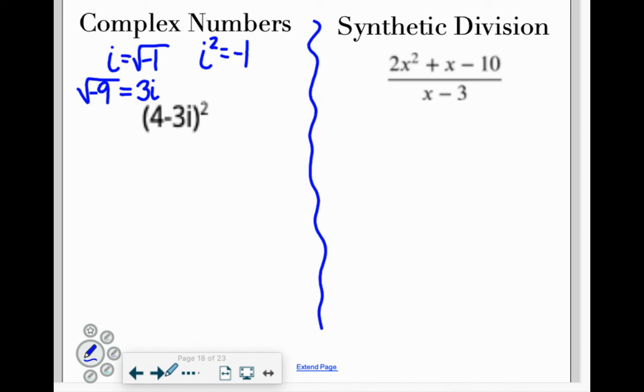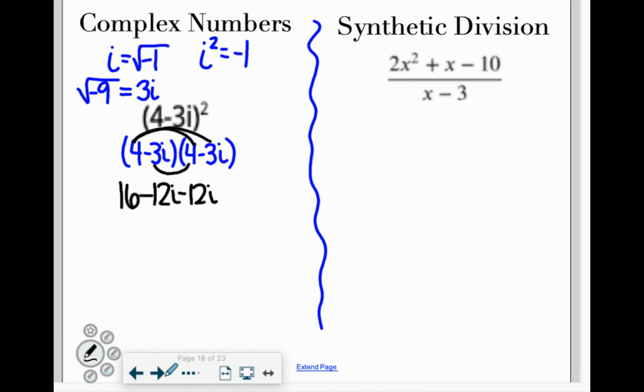This one is asking you to multiply it out. 4 minus 3i squared is just 4 minus 3i times itself. You do not simply just square both of those terms. What we're going to do now is FOIL. 4 times 4 is 16. 4 times -3i is -12i. -3i times 4 is also -12i.